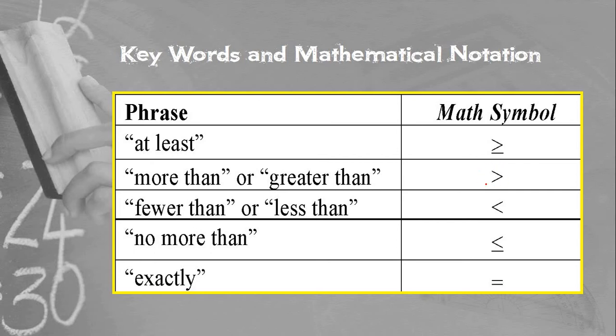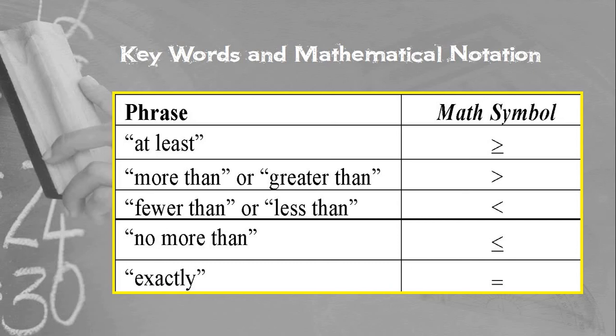That's why we have just the greater than sign. Fewer than or less than, we do not include the value, everything smaller than the number. No more than, that means everything smaller or including the number. And exactly, we've got our equal sign. This is really important that you can set up your equations correctly, otherwise you will not be able to get the correct answer.